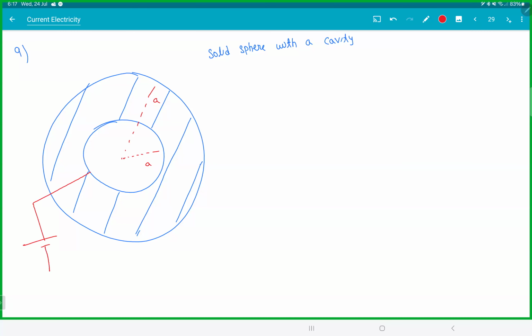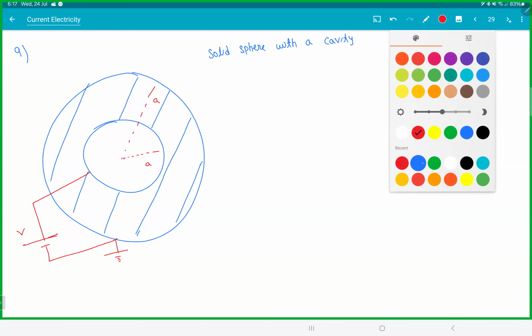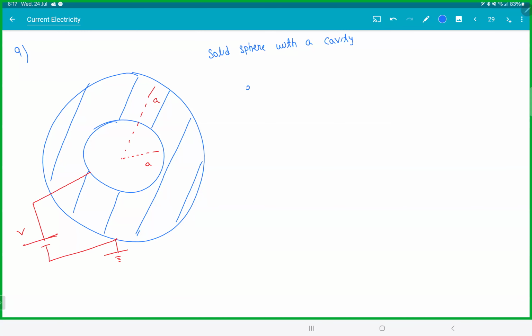Someone connected a battery between these two terminals. This is grounded, meaning you're making the outermost potential 0 and the inner potential V. This is like the capacitor's last problem we did. So rho is equal to rho naught x. Rho is the resistivity. x lies between A and 2A.